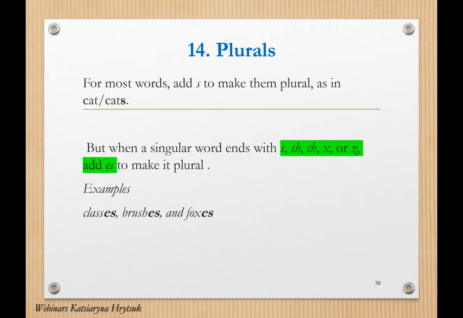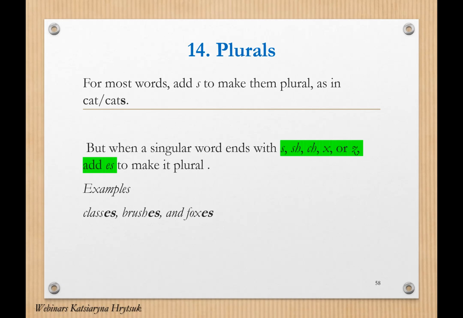This you know. Rule 14. Lera, can you read, please? Excuse me, the rule starts here. For most words, add s to make them plural, as in cat, cats. But when a singular wait.